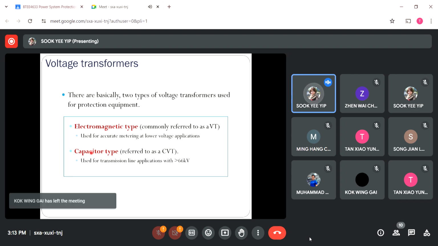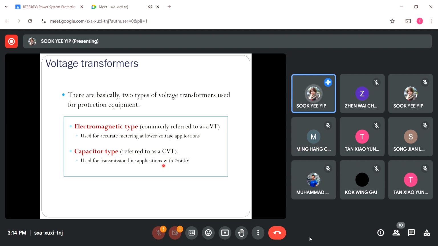This capacitor type of voltage transformer carries the same purpose, of course, we want to get the voltage measurements, but it is applied for much higher voltage applications. For instance, it is generally used on transmission lines for voltage measurements, expected to operate with a voltage rating higher than 66 kilovolt. So that is the difference between these two in terms of applications.